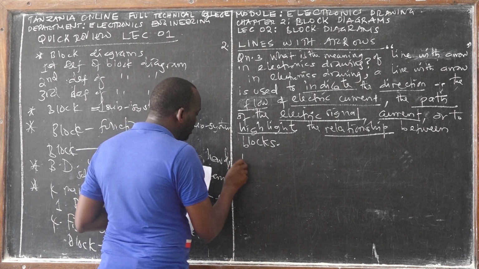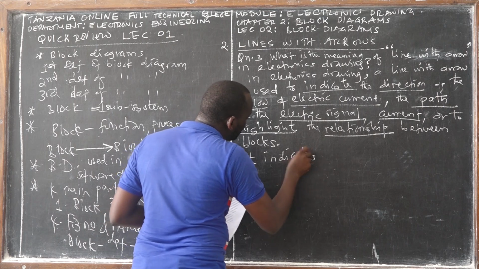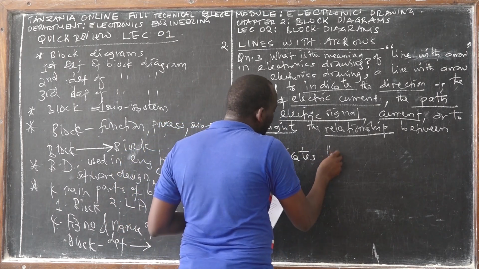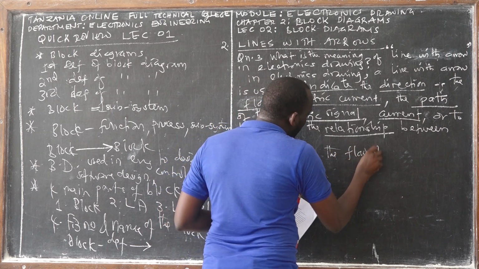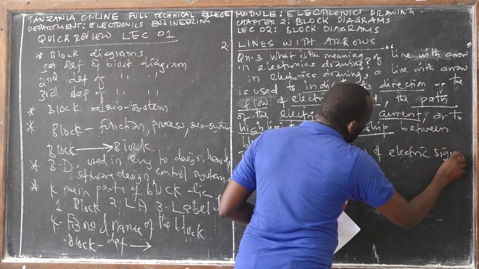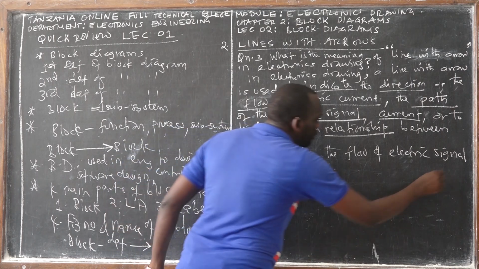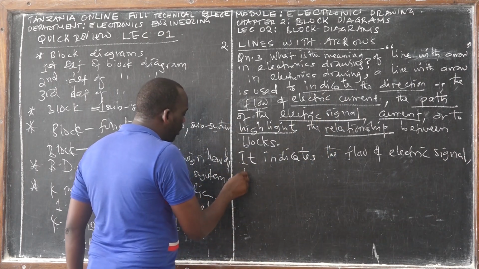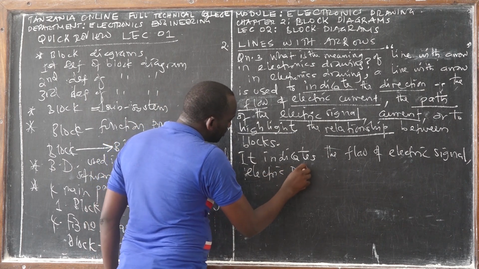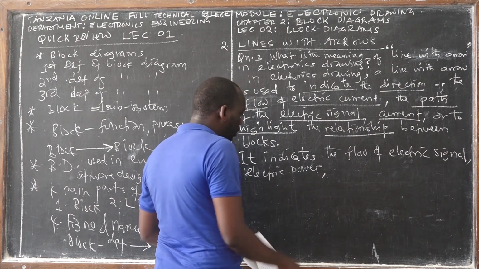So simply, a line with arrow, it indicates what? It indicates the flow of electric signal. It also indicates the flow of electric power. It indicates the flow of energy.